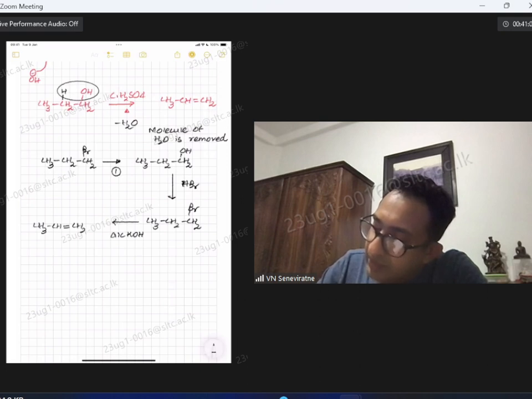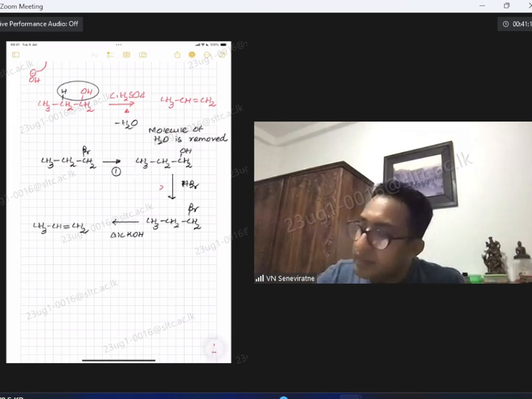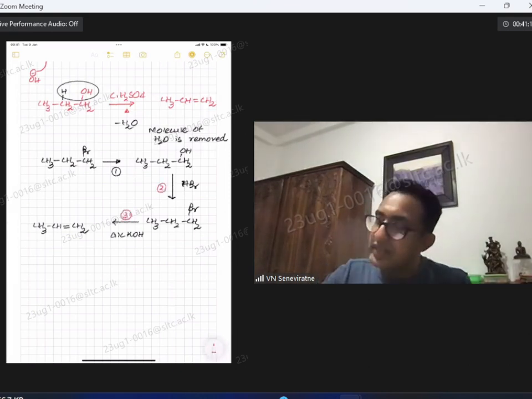Can you identify what type of mechanisms these are? First mechanism, second mechanism, third mechanism.